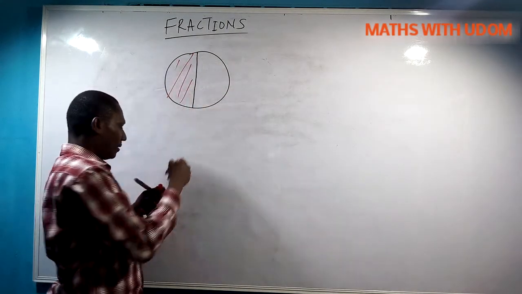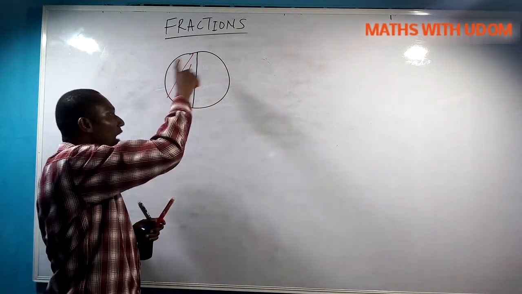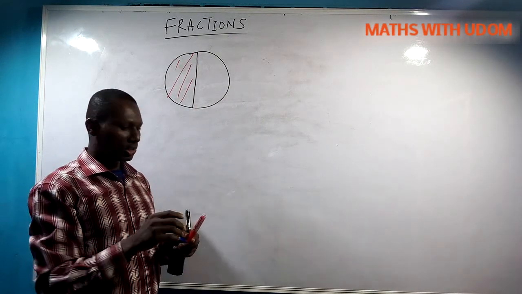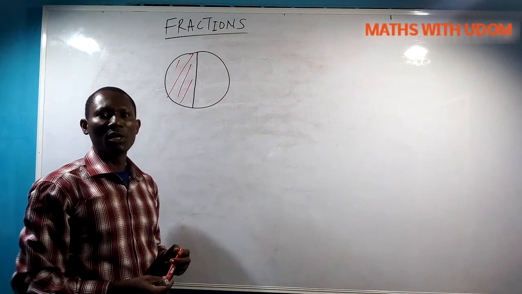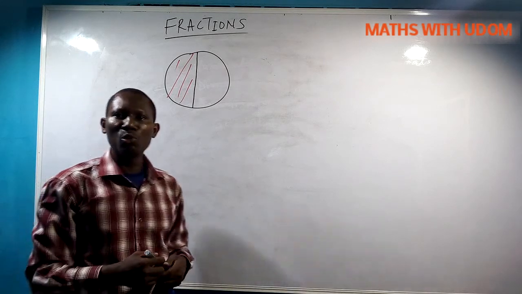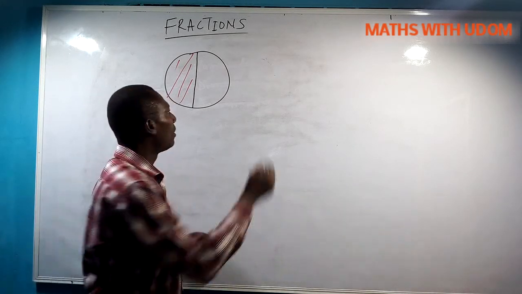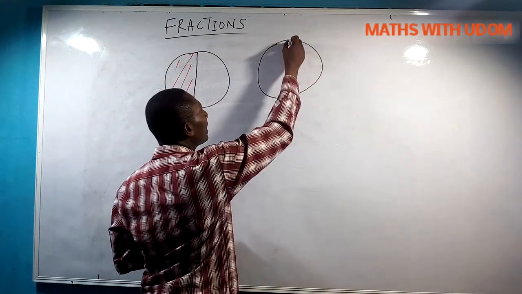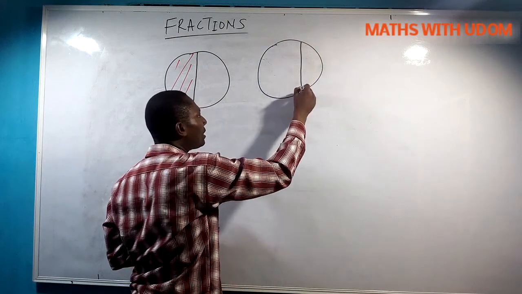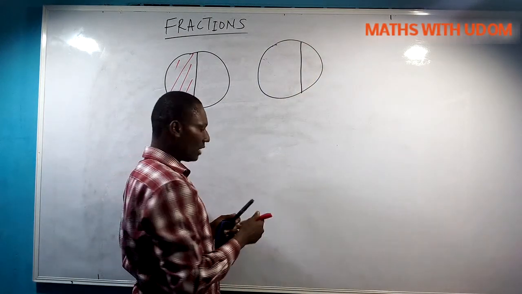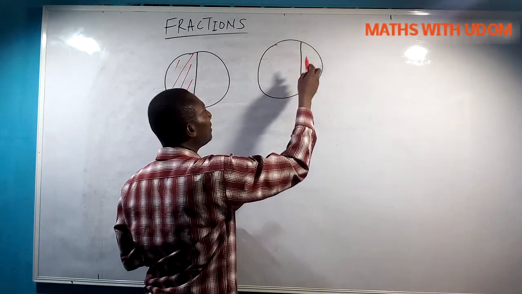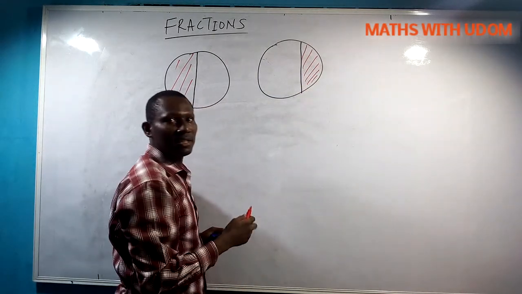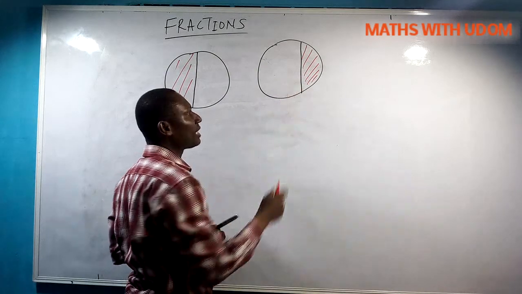I must divide the circle equally before I can talk about fraction. If I don't divide the circle equally, then I'm disobeying the rules of fraction. Look at the second circle. Then I cut the circle at the other side. Can you see that the area here is not the same as the area here?